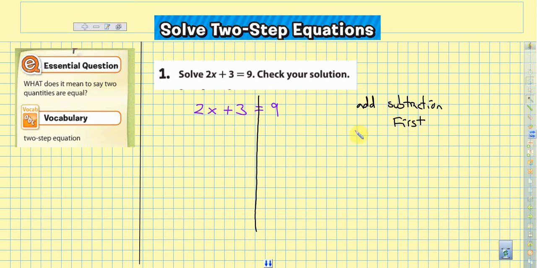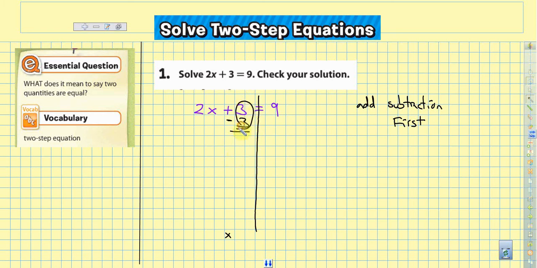There's only going to be one of these in a two-step equation. In this case, I have 2x plus 3. I want to get this x by itself, so I have to lose the 2 and the 3. I do all my addition and subtraction first, so the first thing I do is subtract 3. The opposite of adding is subtracting.